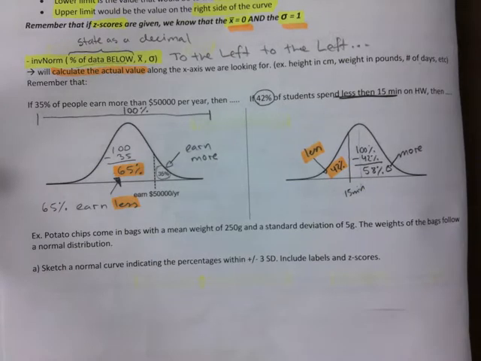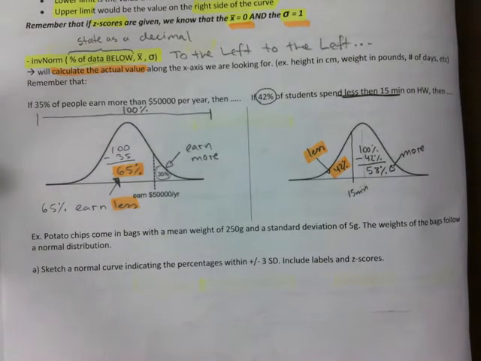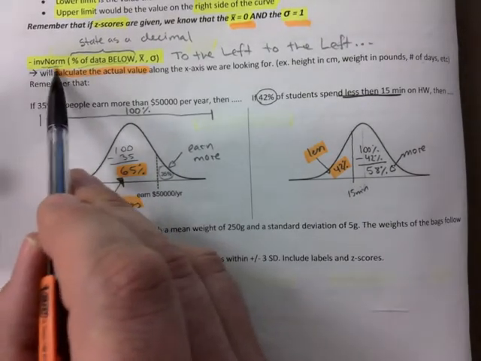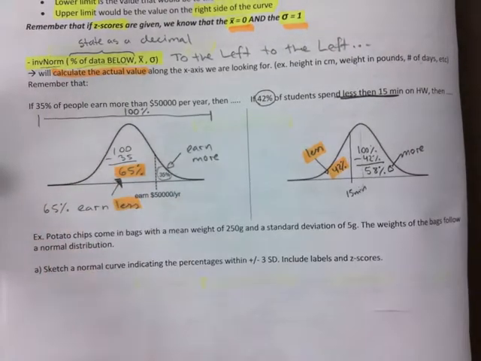Think of inverse norm: I need everything to the left. So if 80% of families earn more than $30,000 a year, what are we interested in? 80% score more, so 20% earn less. That's the one inverse norm wants to know.